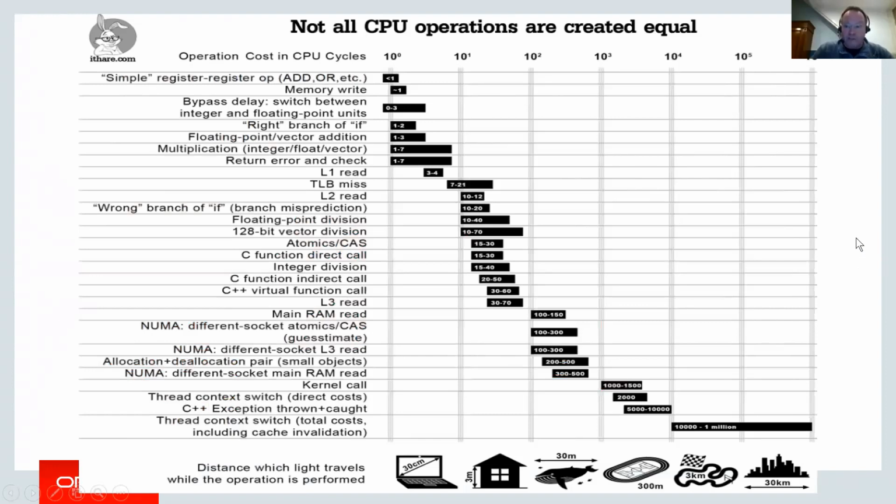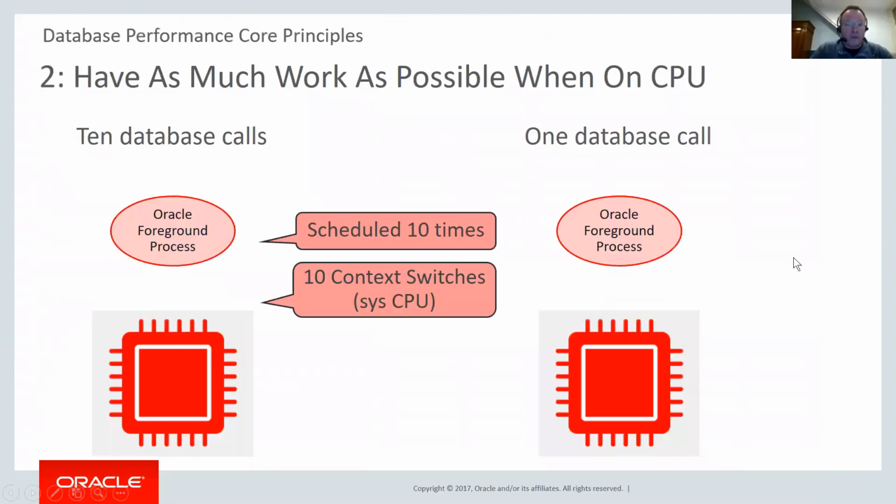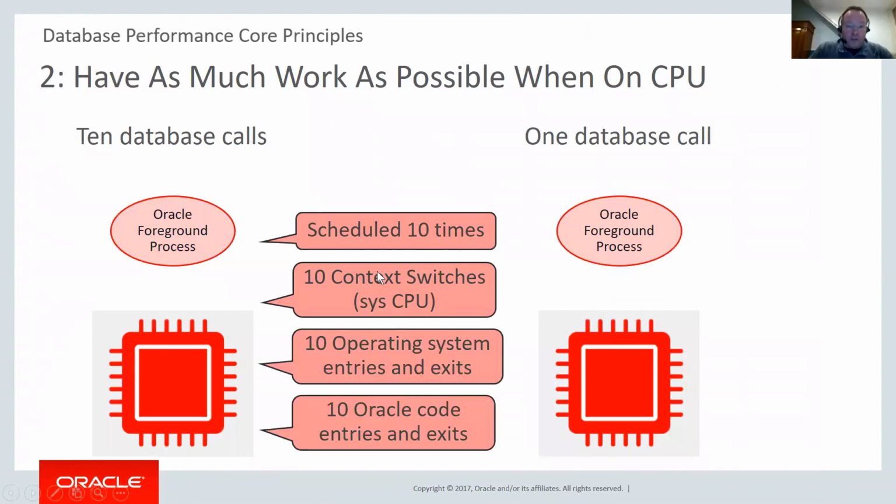This is really a major thing going on practically on almost every database server nowadays that runs layered software architectures. So not only are you experiencing these 10 context switches, but since you're going back to the application server and back into the database server, you also have 10 operating system entries and exits.